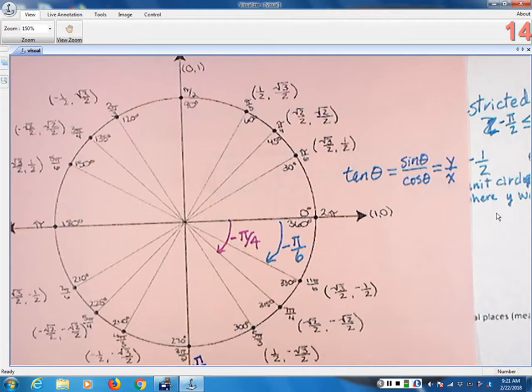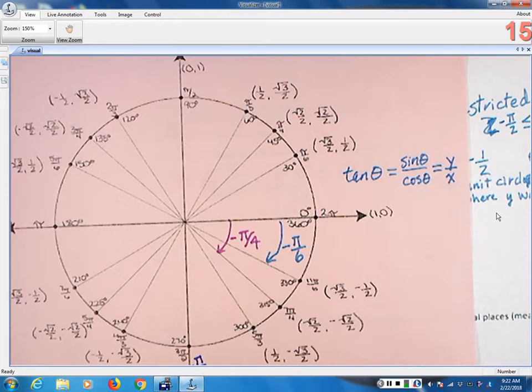And when you rationalize it, 1 over the square root of 3 becomes square root of 3 over 3, when you multiply it by square root of 3 over square root of 3.